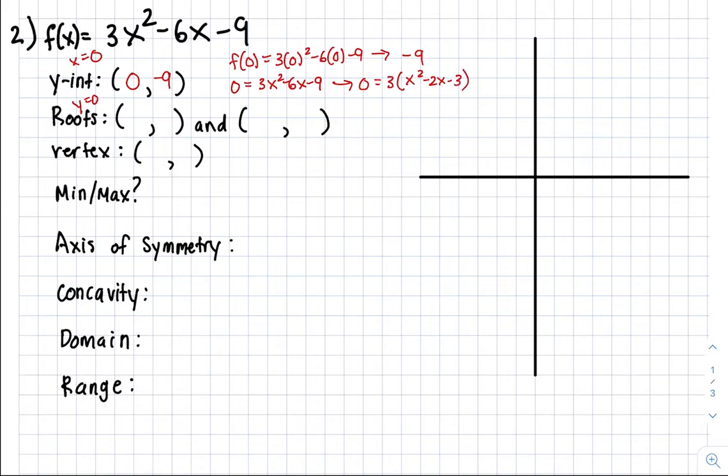Now we're going to factor, so we're going to get x minus 3 times x plus 1. Oh, if you guys need to see the x method, what two things multiply to negative 3 but add together to give you negative 2? That's negative 3 and 1, which is how we got that right there.